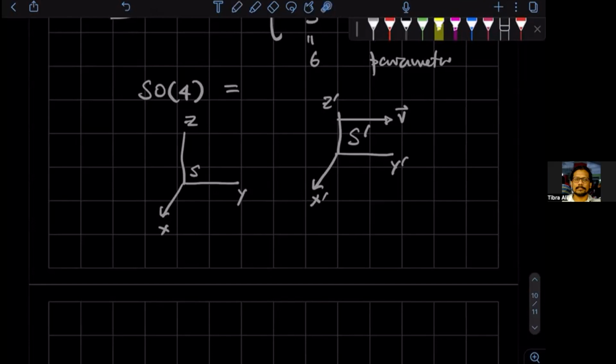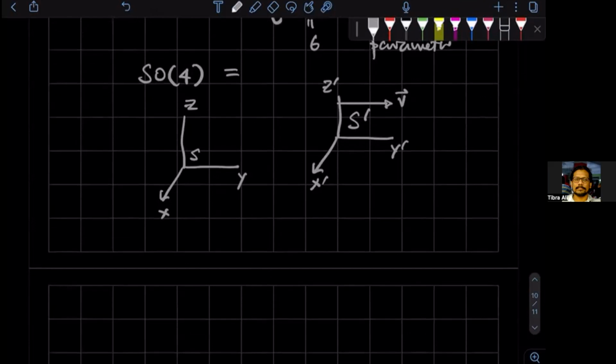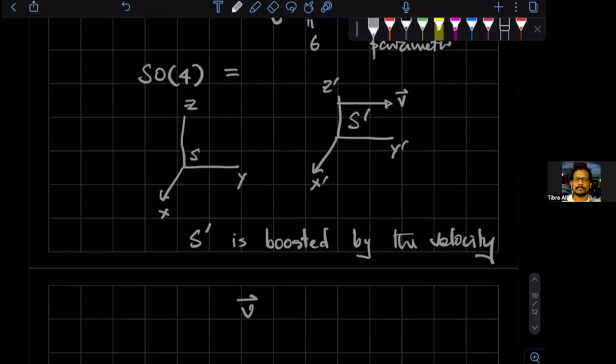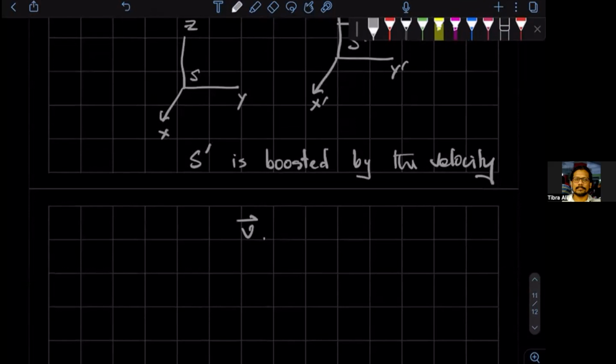Then we say that S prime is boosted by the velocity v. Now suppose that the boost is such that v is in the x direction, just for simplicity.